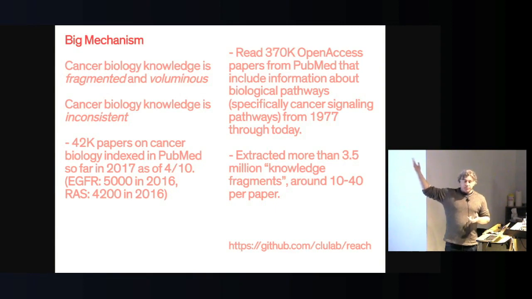There's no way anyone could read that many papers. And they've extracted what they're calling knowledge fragments or causal fragments from these papers, around 10 or 40 pieces of information that relate to the mechanisms of how biochemical reactions function in a cell.